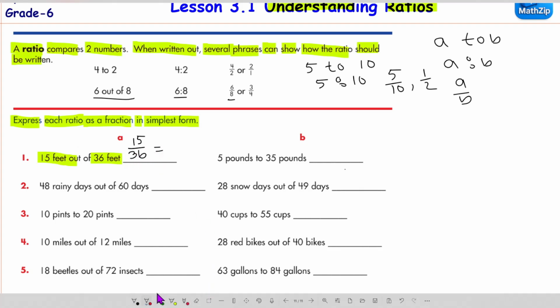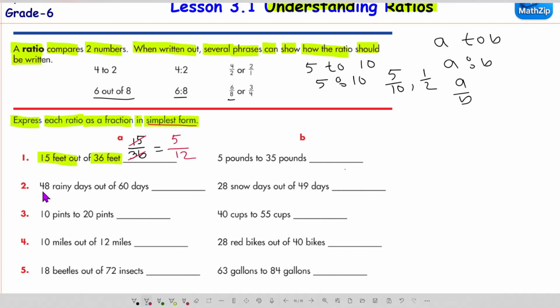Now we simplify this one because it says simplest form. So 15 by 36, we can divide by 3. 15 divided by 3 is 5, and 36 divided by 3 is 12. So 5 by 12 is our answer.